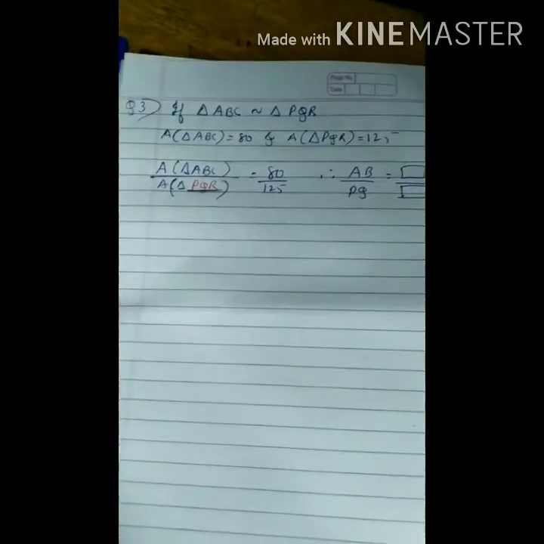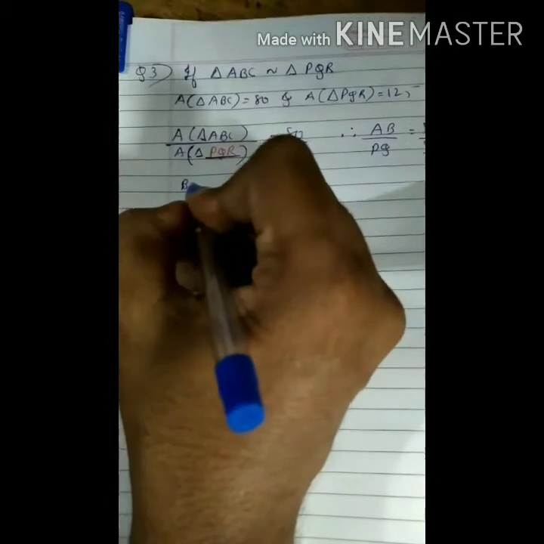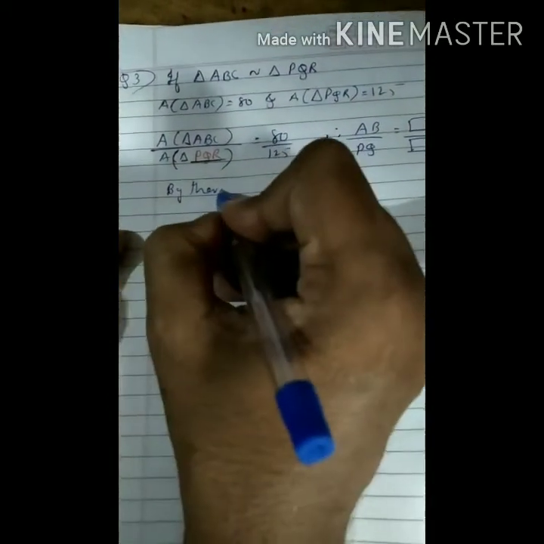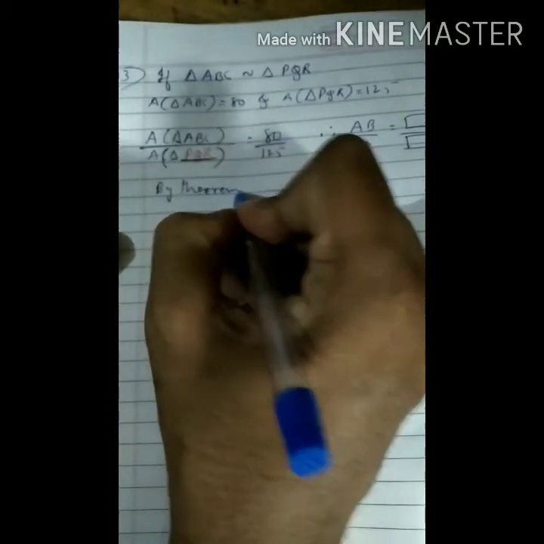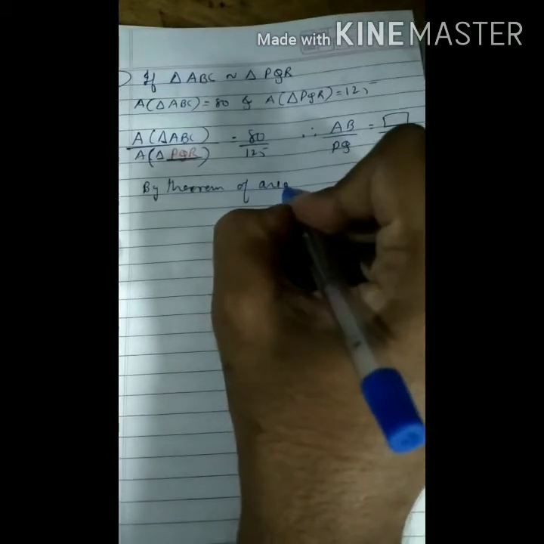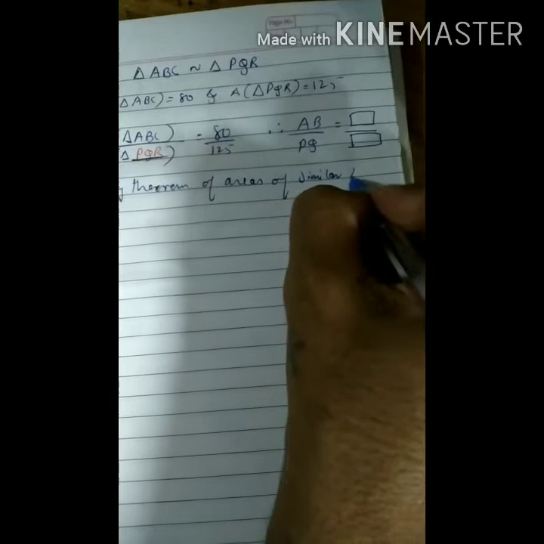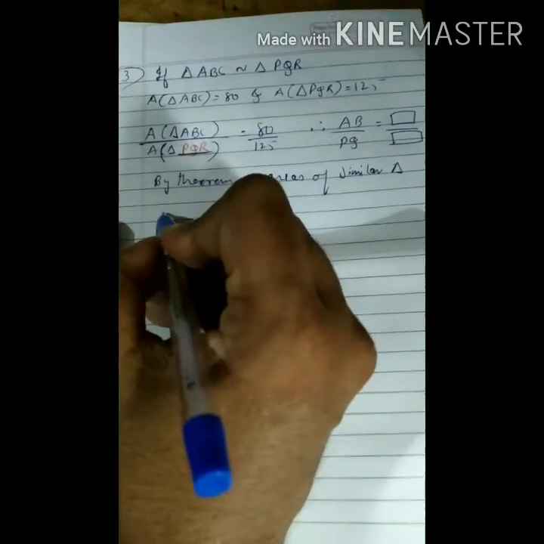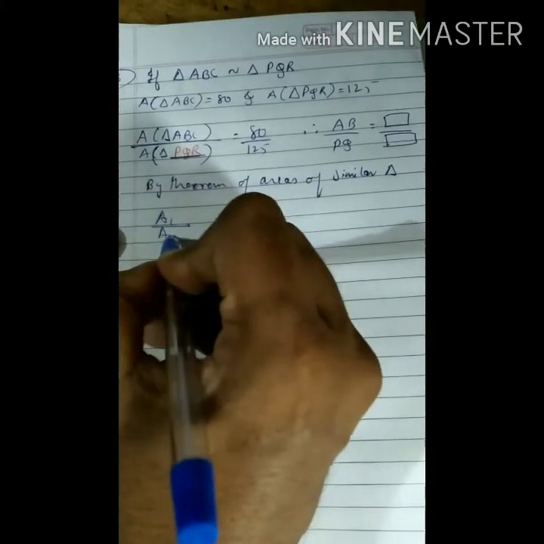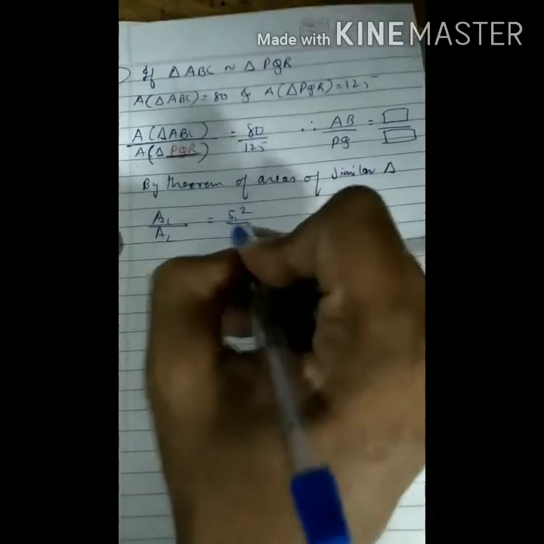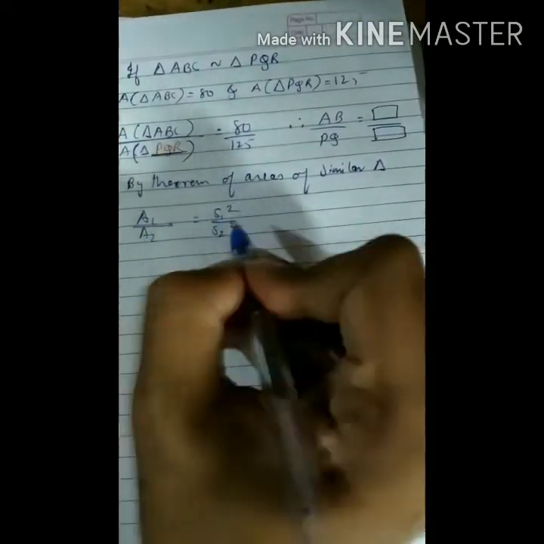So I'll show that. See, we know by the theorem of areas of similar triangles, we get A1 upon A2 is S1 square upon S2 square.